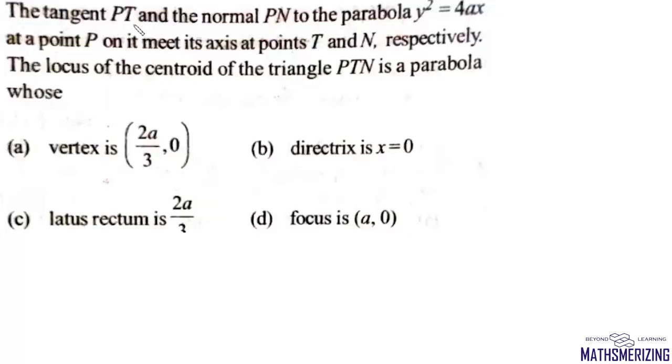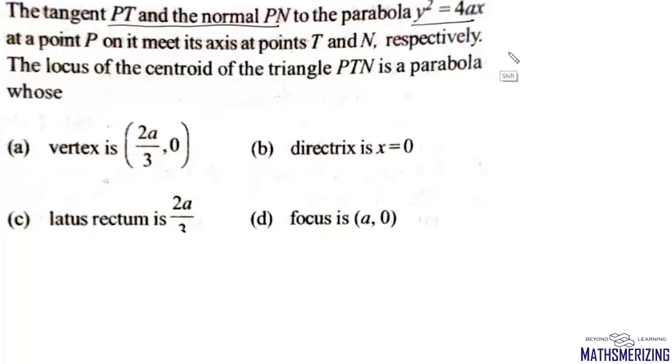Now here the question is: the tangent PT and the normal PN to the parabola y square equals 4x at any point P on it meet the x-axis at points T and N. The locus of the centroid of triangle PTN is a parabola whose vertex, directrix, latus rectum and focus is which of the following?